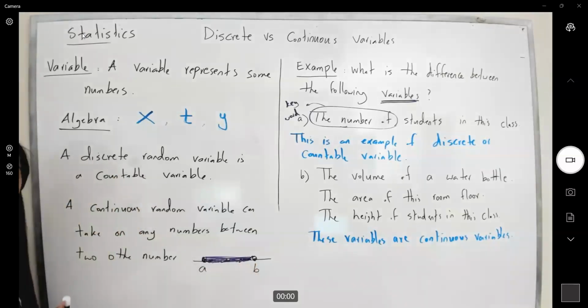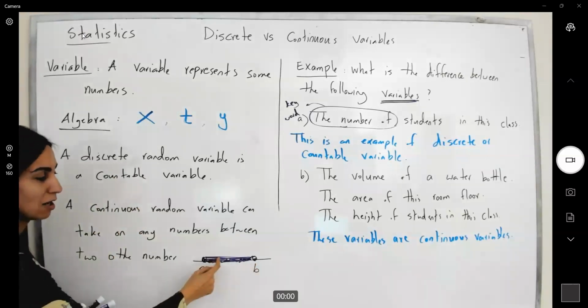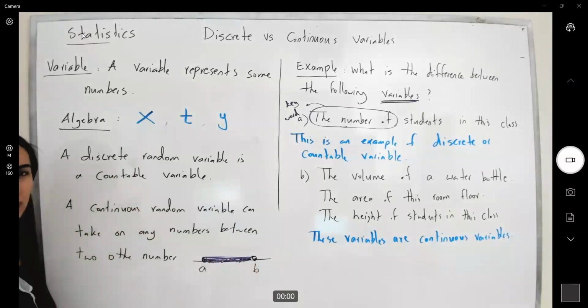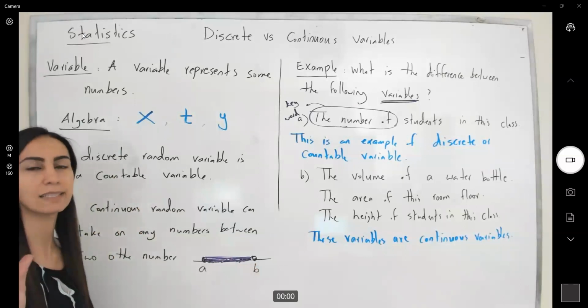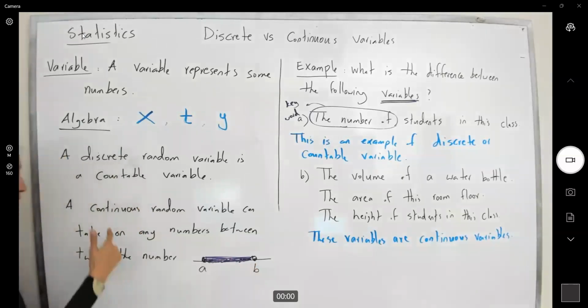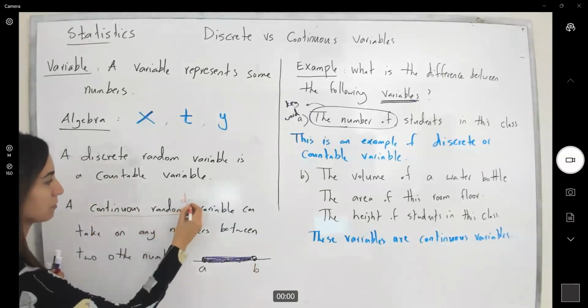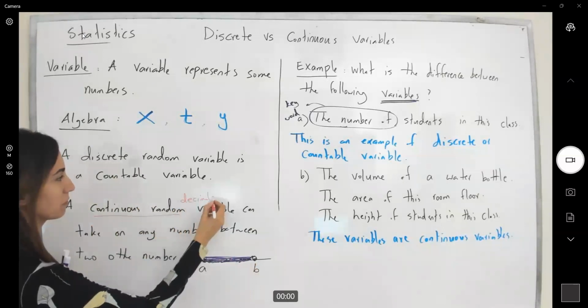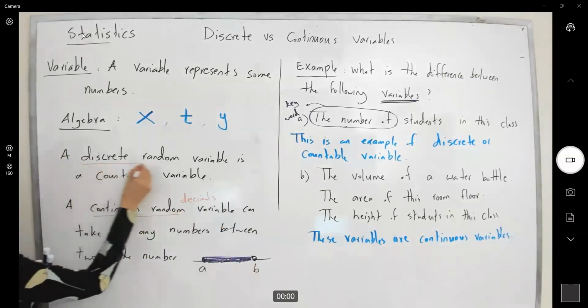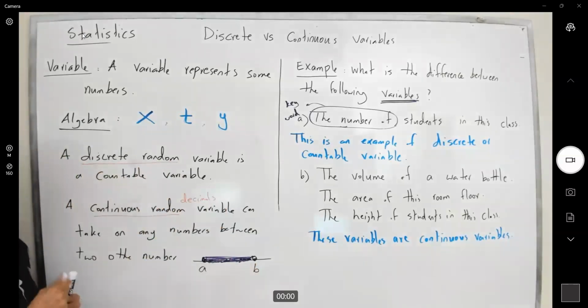We cannot count them because they take on all the values in between. You usually have decimals involved in a continuous random variable. For a discrete random variable, those are mainly numerical values that are countable.